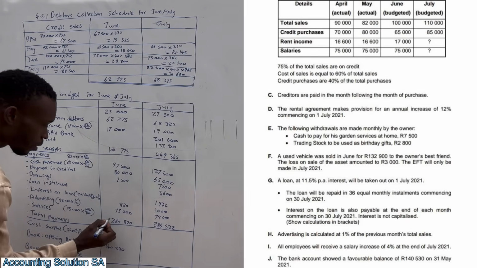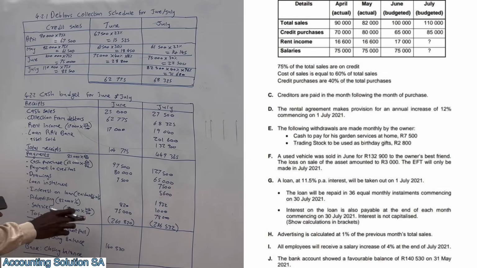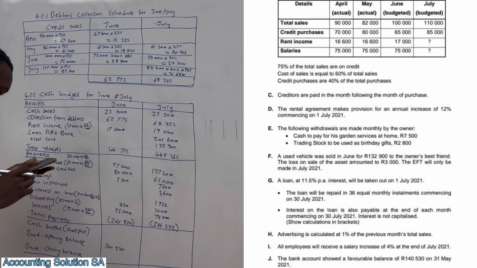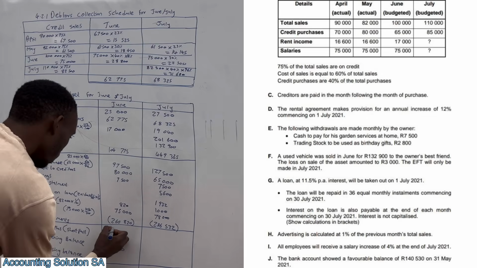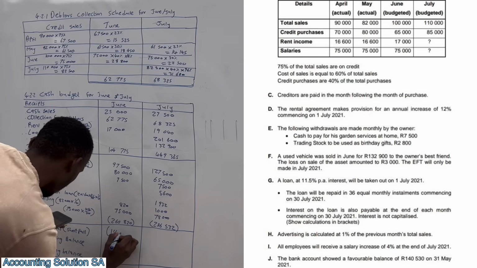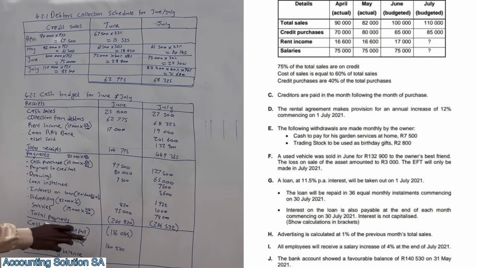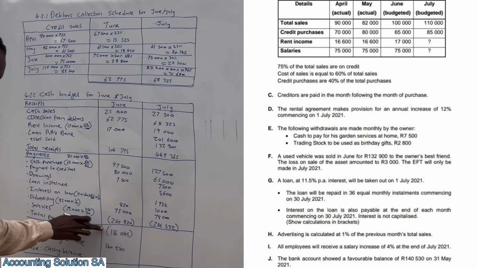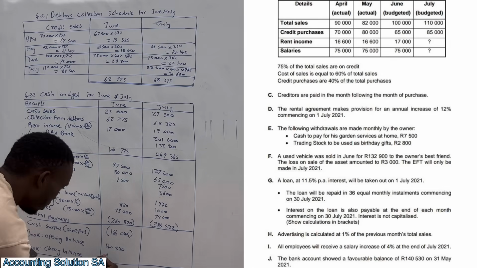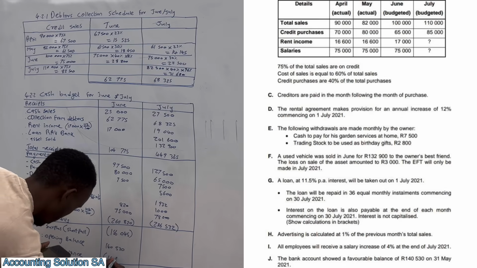Remember, payments are negative, they are outflows. 104 minus 260 is going to give us an amount of negative 156,045. Okay, because negative is higher here, if you take this one plus this one, it is going to give us a negative 15,515.